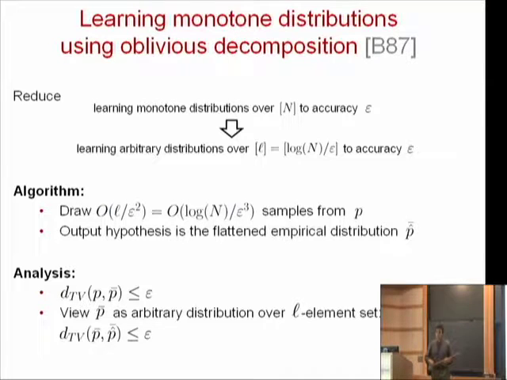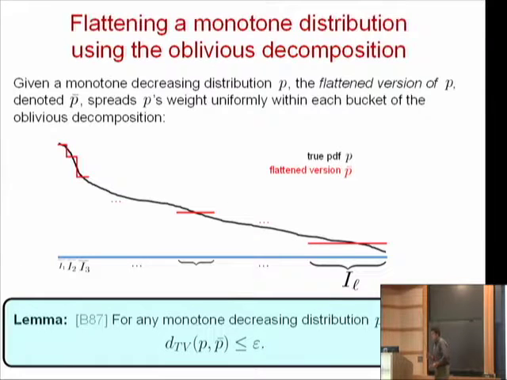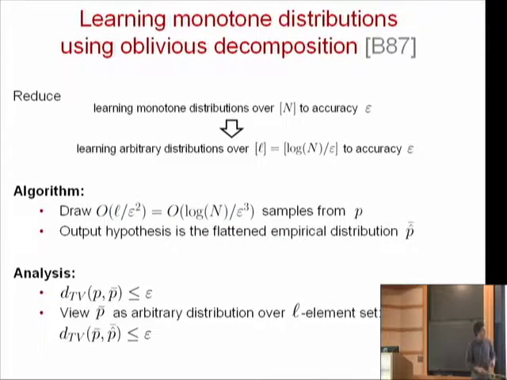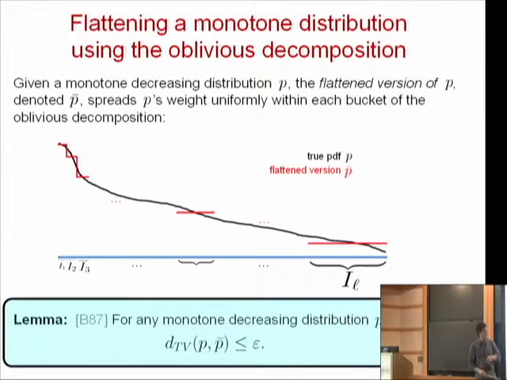Is the flattened distribution still monotone? No, it doesn't have to be monotone. Good question. Yes, sorry, I stand corrected. There's a subtle distinction here. The distribution you're learning here is really a distribution over L points. That distribution doesn't have to be monotone. The true flattened distribution does have to be monotone, you're right. But imagine that the black line were actually uniform, or very, very slowly decreasing.